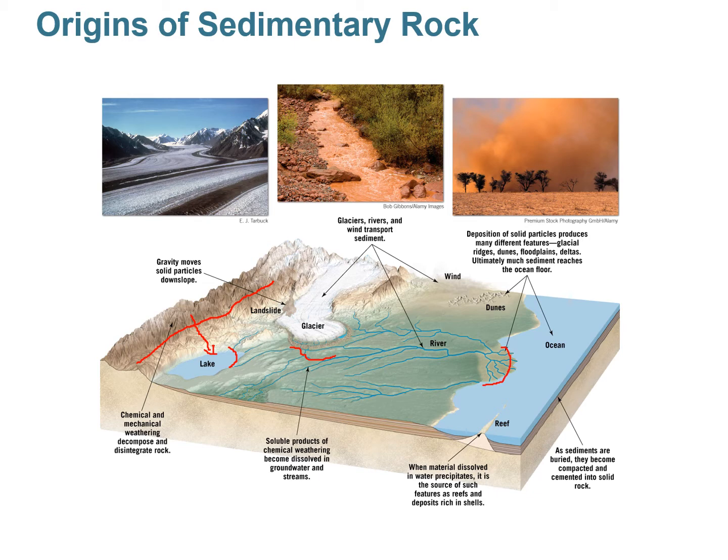Glaciers are slow-moving ice rivers, and they carve out landscapes, and they'll deposit a lot of sediment at the end of a glacier right over here. In really dry areas, wind plays a big factor in picking up smaller size sediment, and it can deposit dunes in deserts. Ultimately, the wind and also river running water will carry a lot of sediment out to the ocean.